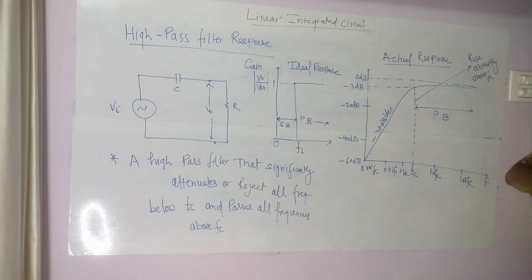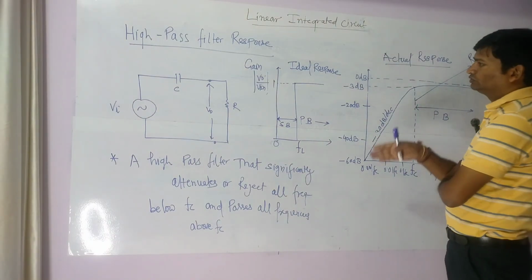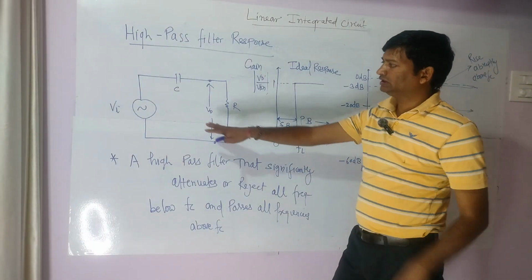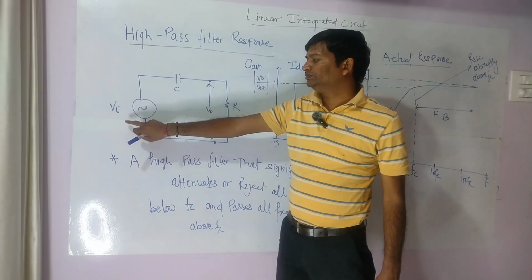For the high pass filter response, we want to identify the actual response of the high pass filter. Suppose that a high pass filter circuit is given, an RC network applying the voltage Vi.